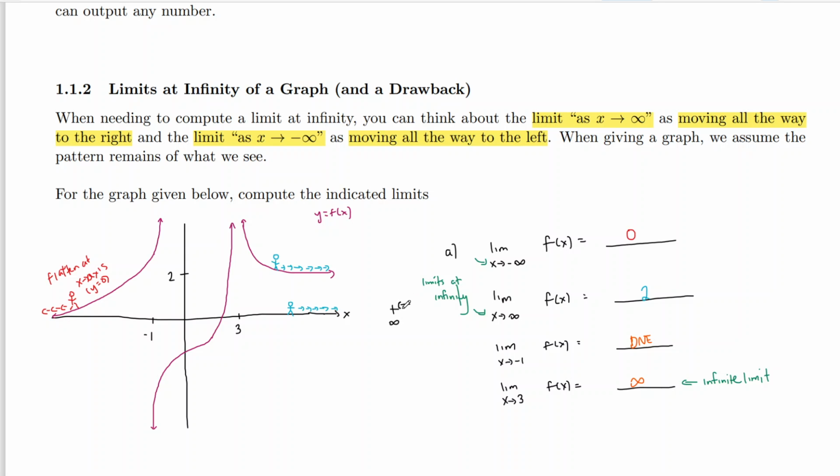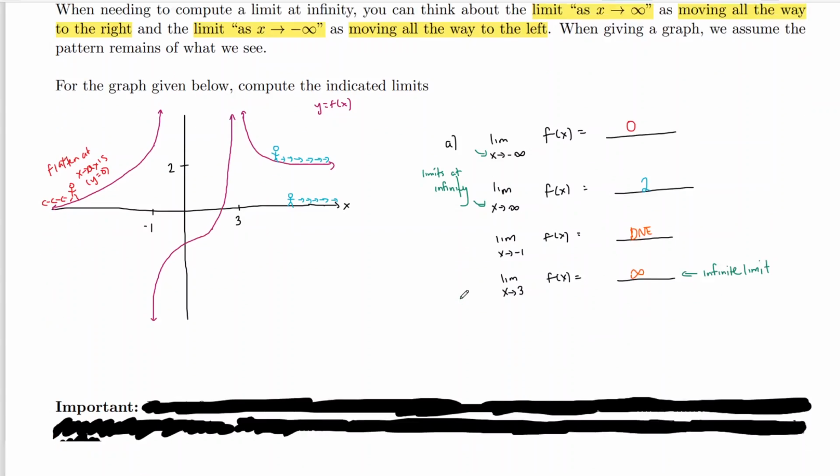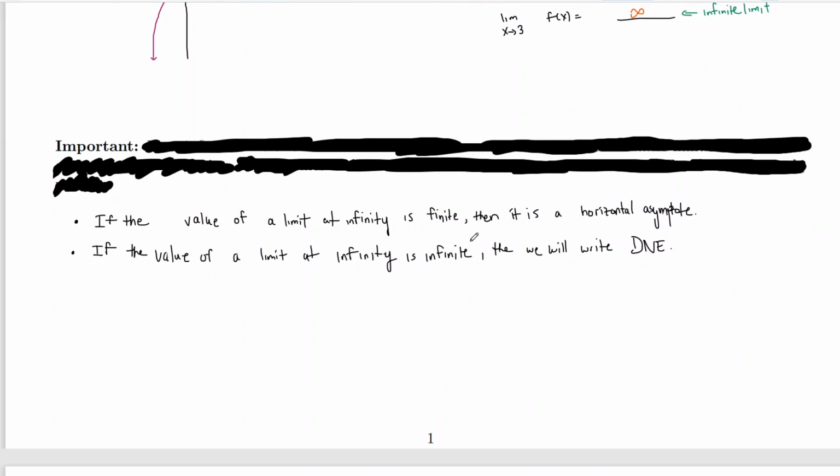Well, because we can never actually get there, we can't walk from the left, or sorry, from the right. It's always going to be approaching infinity from the left. So when you're talking about limits at infinity as well, it's automatically a one-sided limit, but that's okay because that's all we can do. But that could be an important thing that comes across when you have certain problems. Limits at infinity are automatically one-sided limits.